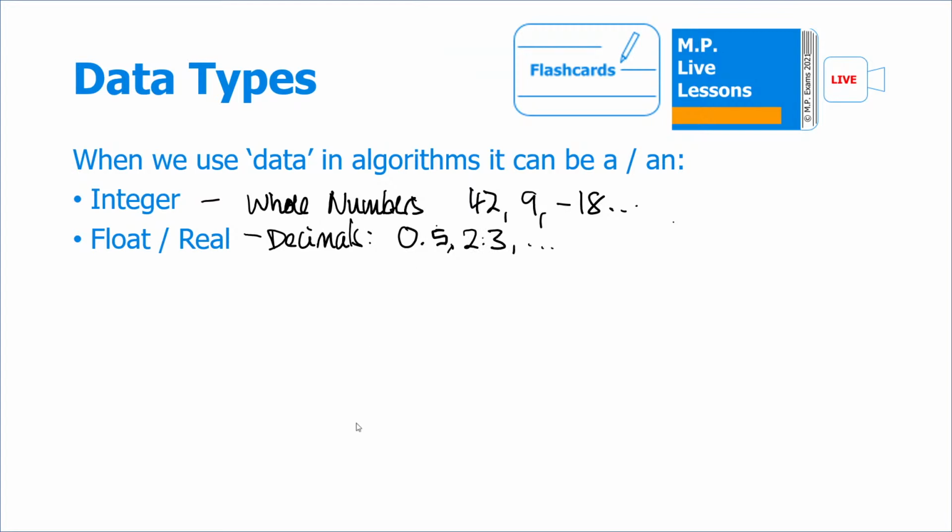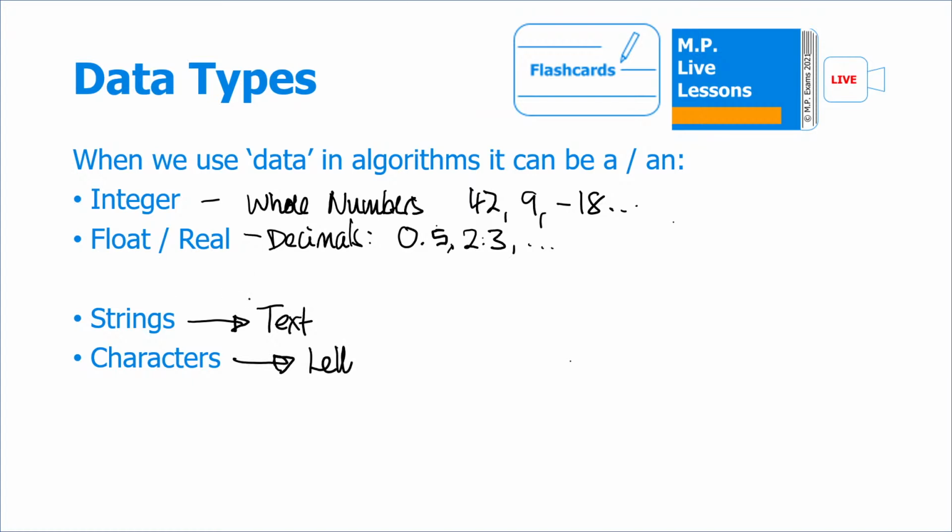The next two data types we need to look at are strings and characters. So these are both to do with text. Strings are made up of characters, but characters are basically letters, numbers, like as text.